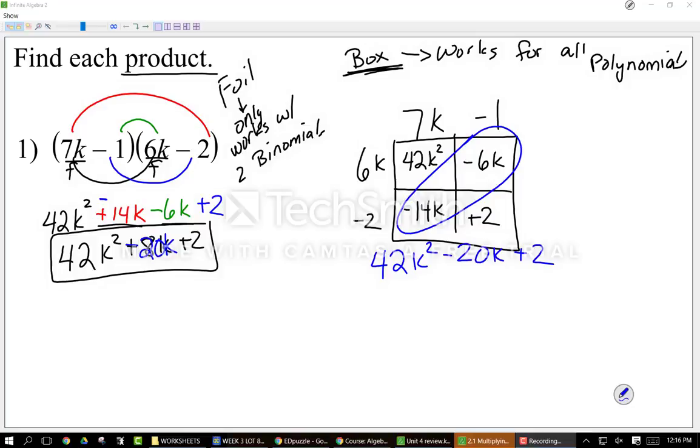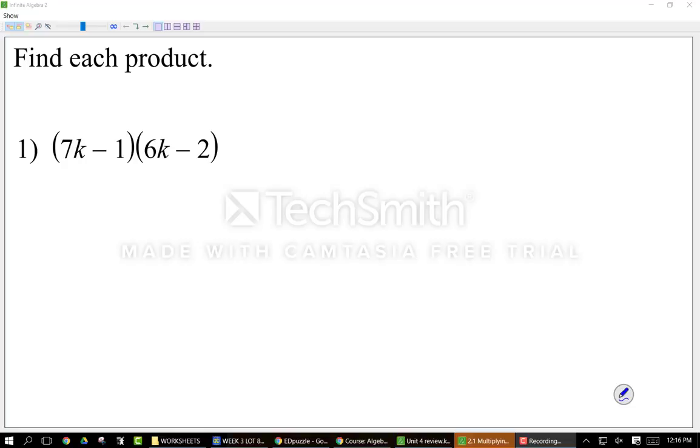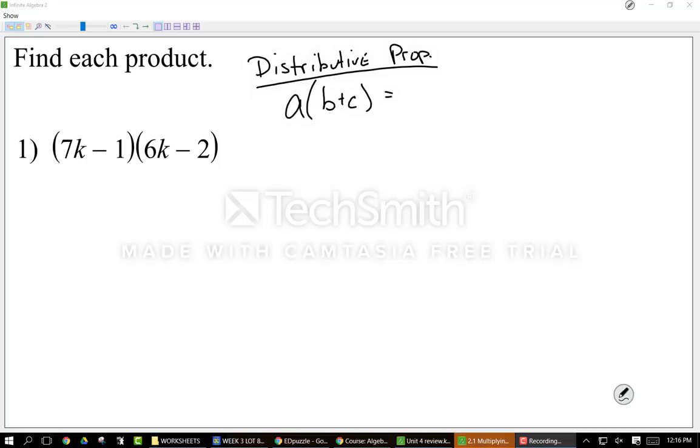The other way you can do it is what we call the distributive property. And the distributive property is exactly what it was before. So if I have a times b plus c, that gives me ab plus ac.